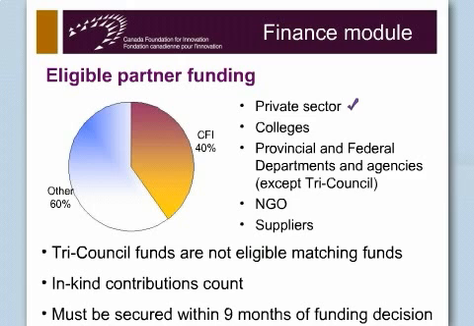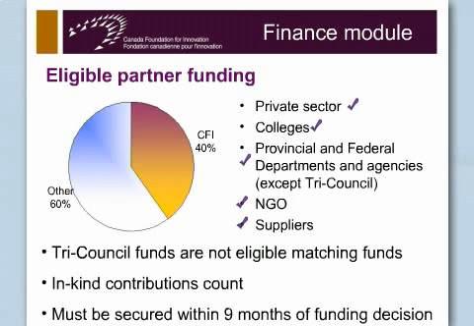It's eligible to match our funds. The institution itself can provide matching funds. Provincial and federal departments and agencies are eligible partners. Not-for-profit organizations and also suppliers are a source of matching fund.